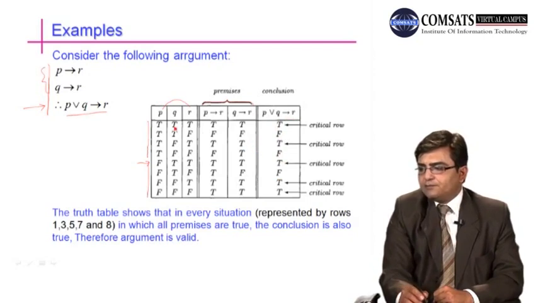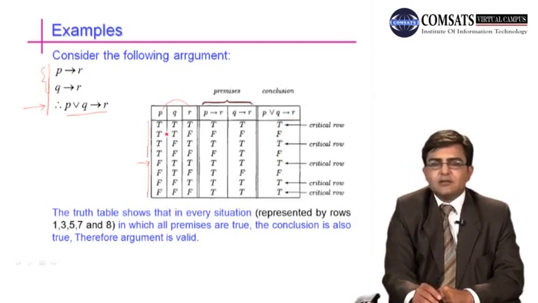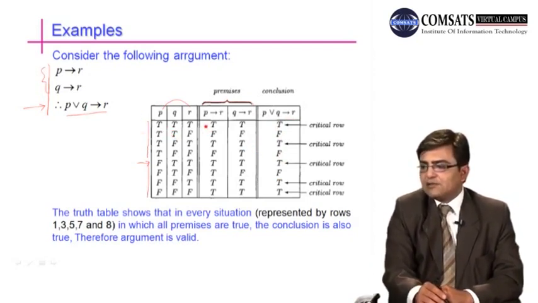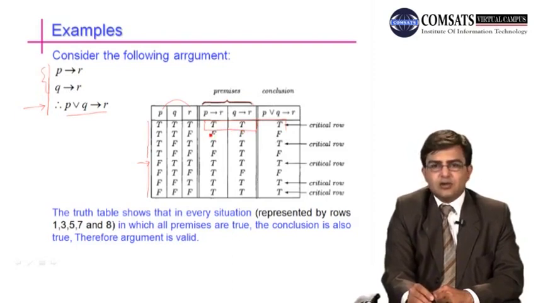Now we see the critical rows. What are the critical rows? The critical rows are those rows in which the premises have truth value true.